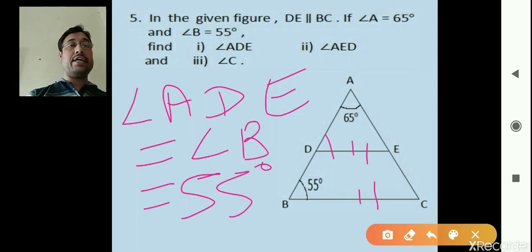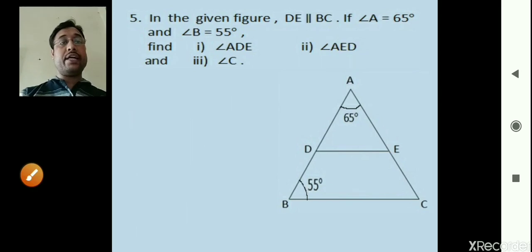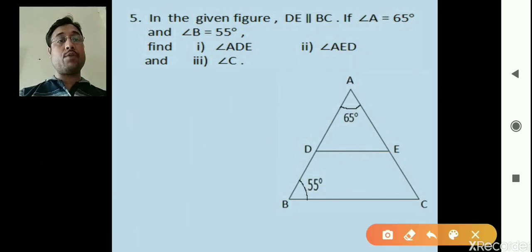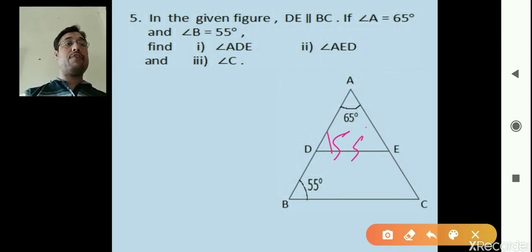Now the angle AED you have to find. Now see, angle ADE we have got 55 degrees. Then 65 plus 55, two angles you know, then the third angle you can find by the angle sum property.